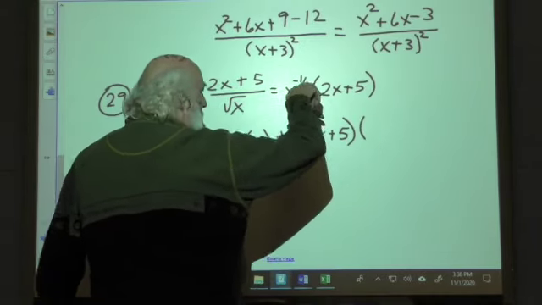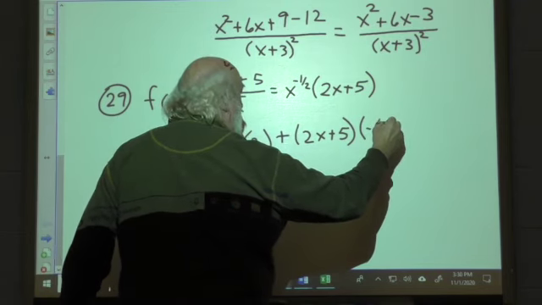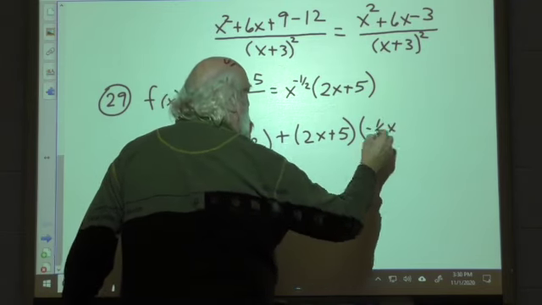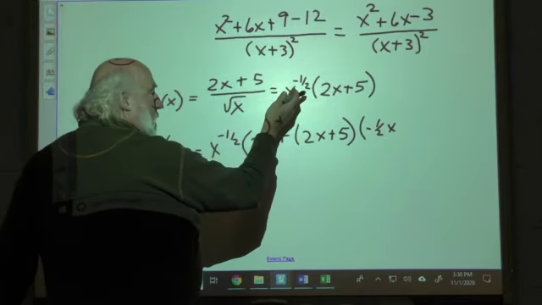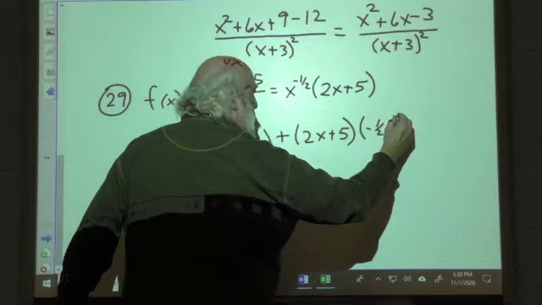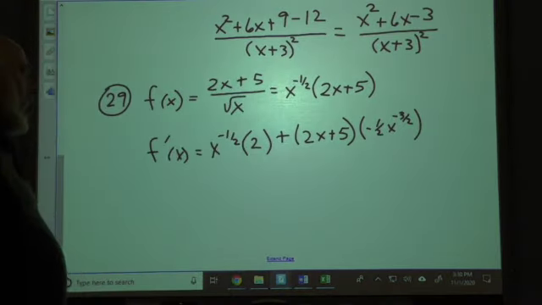Well, the derivative is going to be negative 1/2 goes in front, and then this becomes x, and then we subtract 1, which is 2/2, so negative 1/2 minus 2/2 is negative 3/2. And that is how we're going to start this.